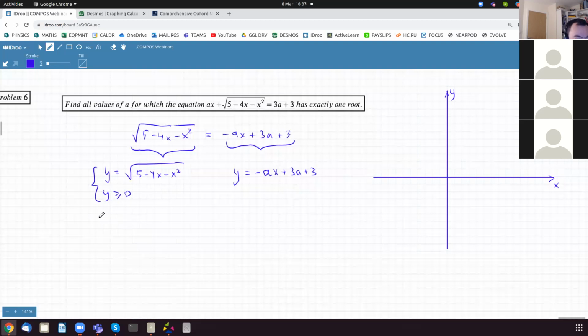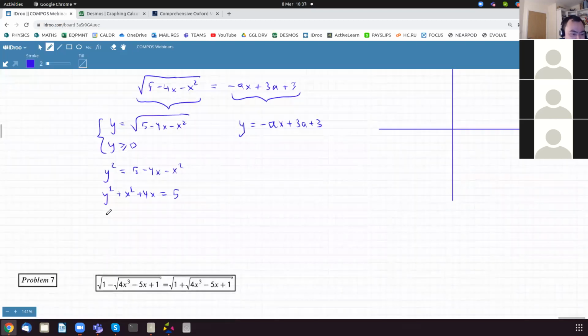So I'm going to square both sides. So y squared equals 5 minus 4x minus x squared, and actually, y squared plus x squared plus 4x equals 5. Can somebody recognize what shape it is? Does anyone see it already? Of course, it is a circle.